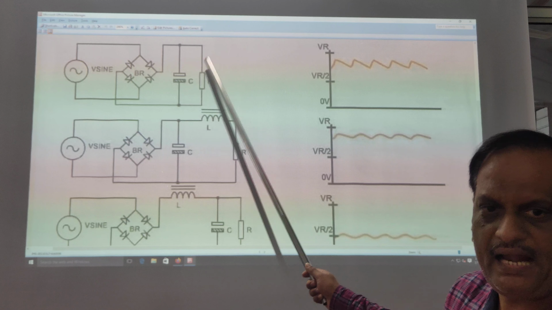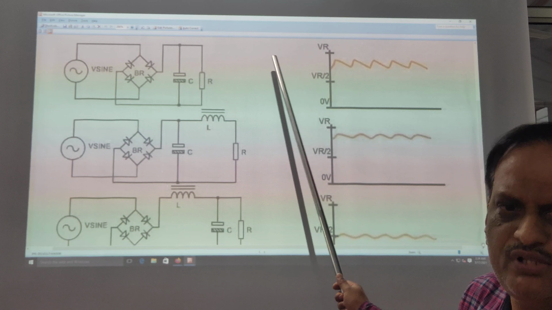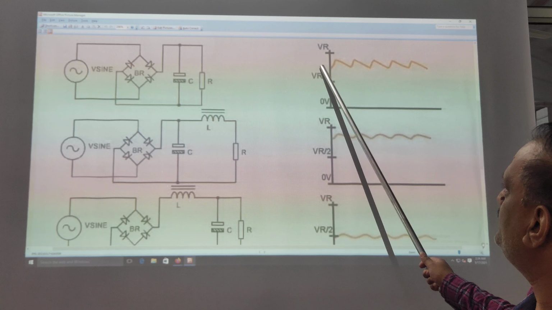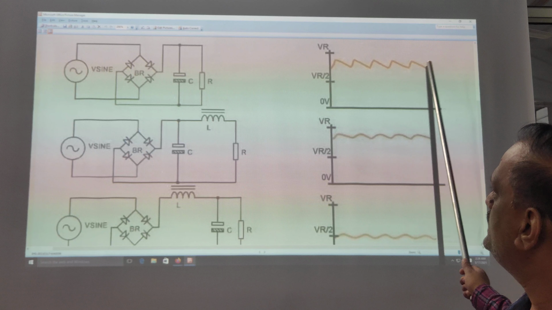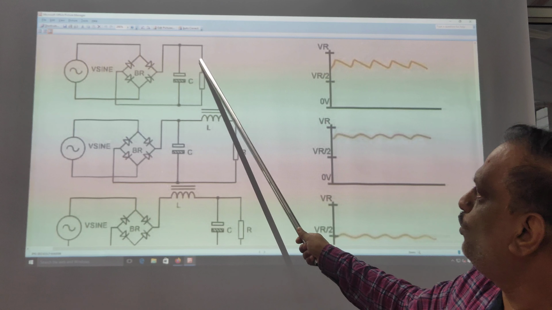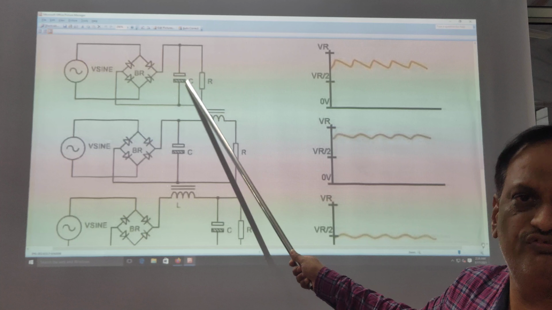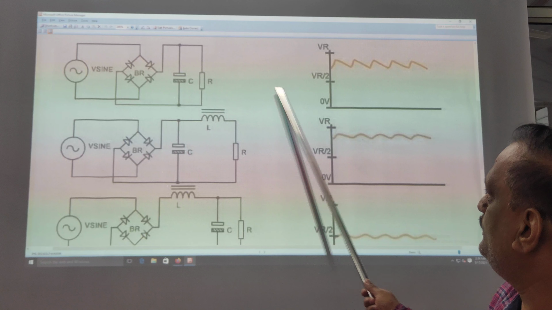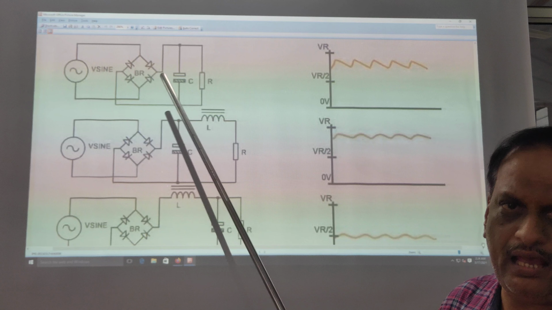So in that case, the average value of the output voltage generated is like this. This is the average value of the output voltage generated across the load resistance with the capacitor input filter. Now suppose somebody says we want a more accurate output DC voltage.